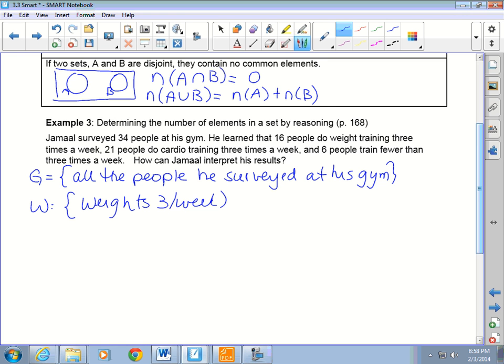And C is the number who did cardio 3 times a week. Oh, and those should be curly brackets.